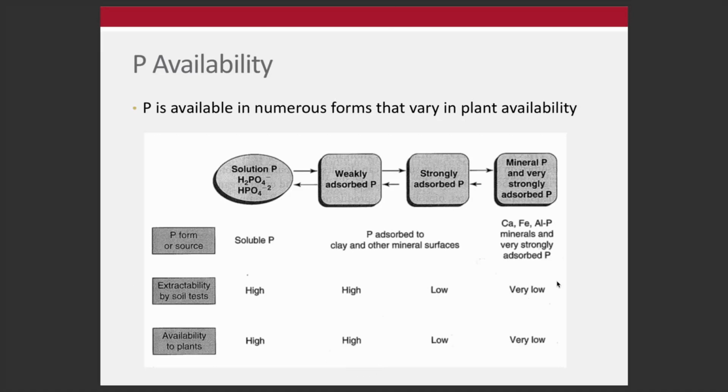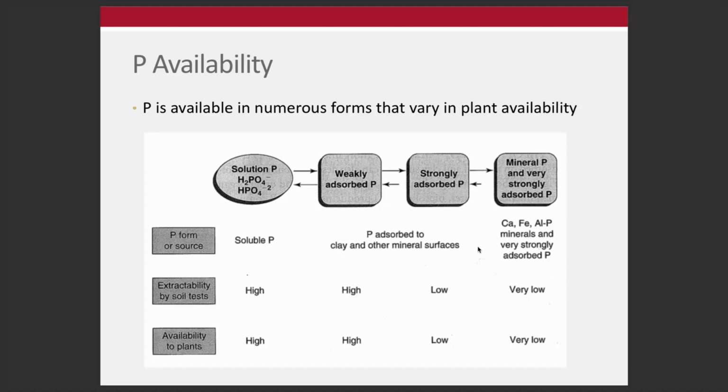Phosphorus cycling is complicated, and we can create these conceptual diagrams like you're seeing here and talk about solubility or availability being high, medium, low, very low, etc. And we typically define these by our methods. They're what we call operationally defined, which means that our method is actually defining what that pool might be.